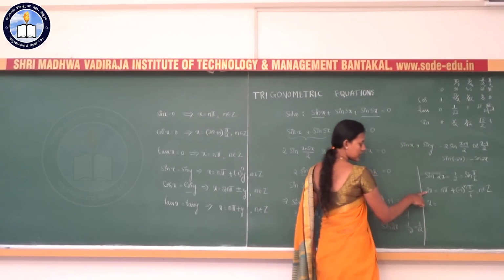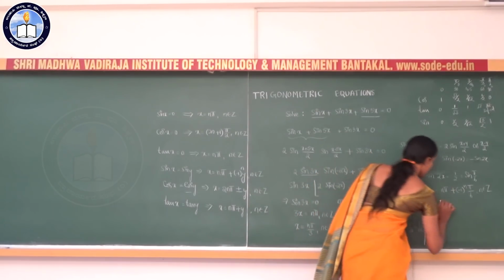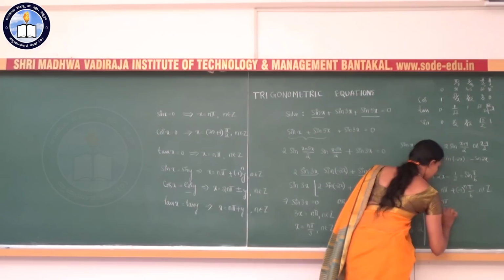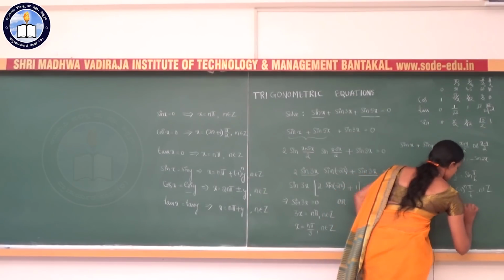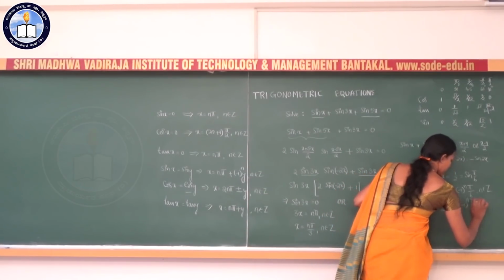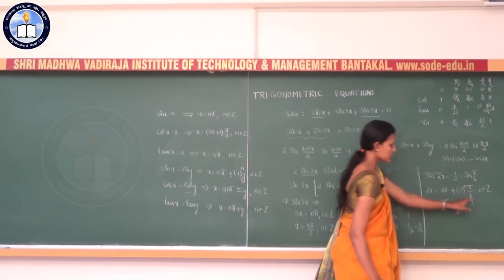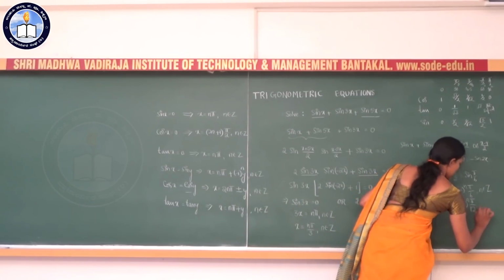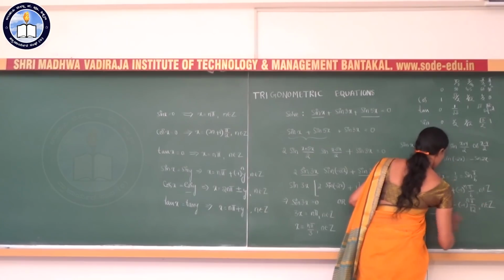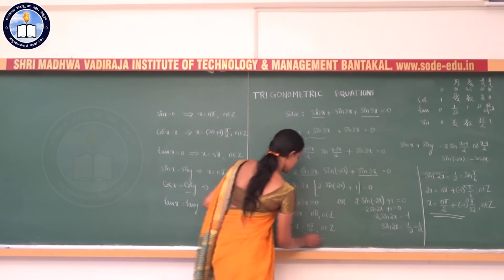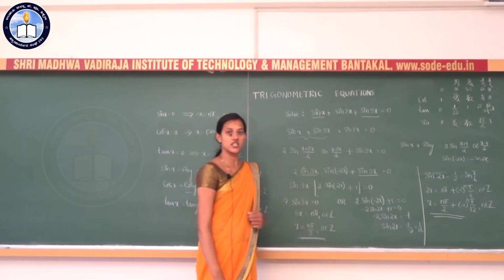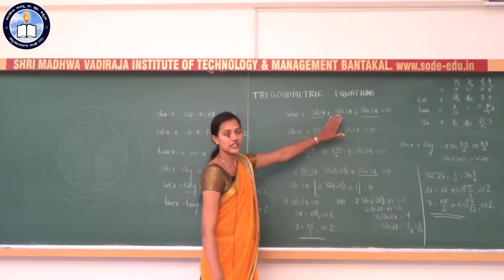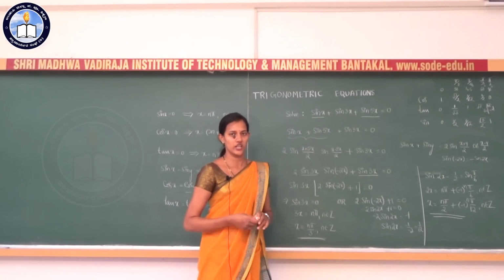X is, divide the equation by 2. So, x is n pi by 2 plus minus 1 to the power n into pi by 2 into 6, 12. So, these two equations represent the general solution of given trigonometric equation.